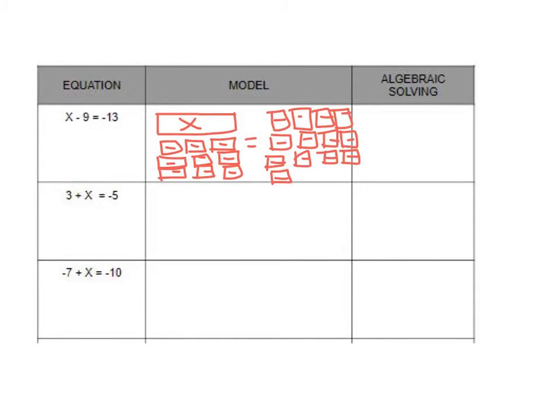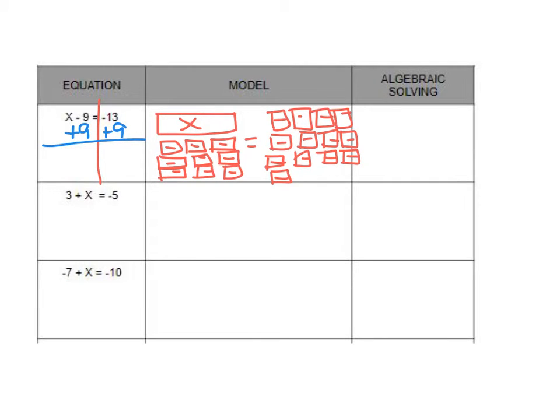Now I'm going to solve it algebraically. If you notice, when there's a subtraction problem, we're going to make it into addition. Always draw the line through the equal sign. And now we're going to add 9 on each side because, remember, we have to isolate the variable. That means the variable has to be on one side by itself. So you're going to add 9 on both sides.